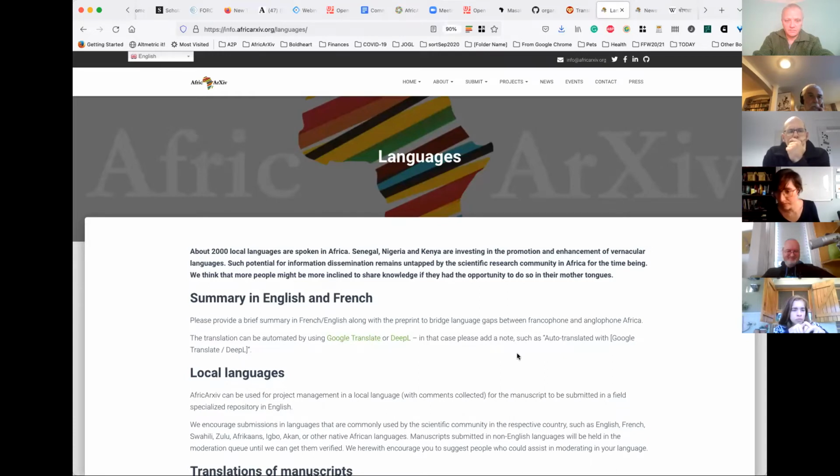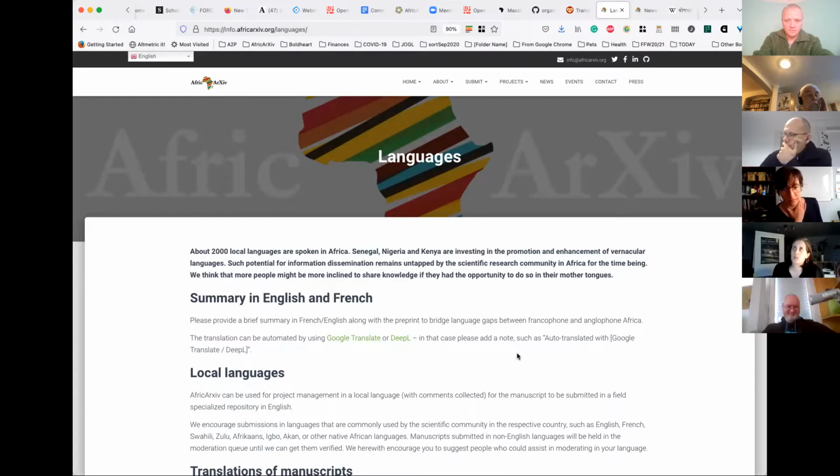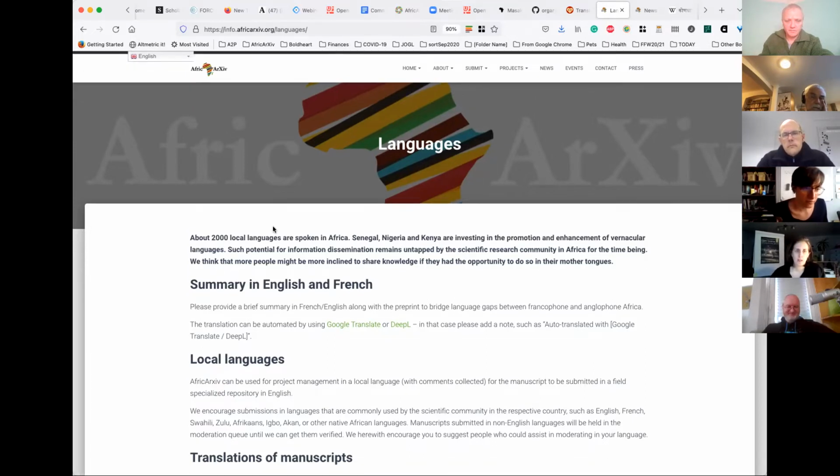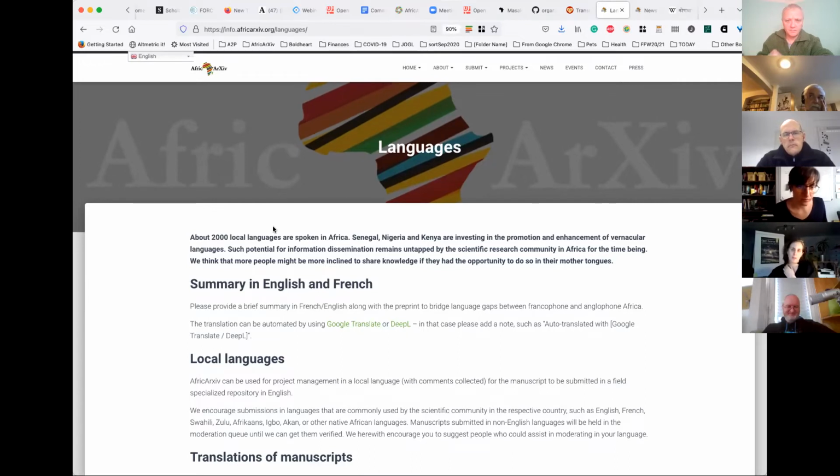Since our inception as a preprint repository, which a year ago has grown into an open access portal for African research output, at our launch we made a promise, and it was also very natural for us to accept submissions in languages other than English, explicitly also indigenous African languages. You can find the explanation of why and how on our website, and I'll put the link in the chat as well.